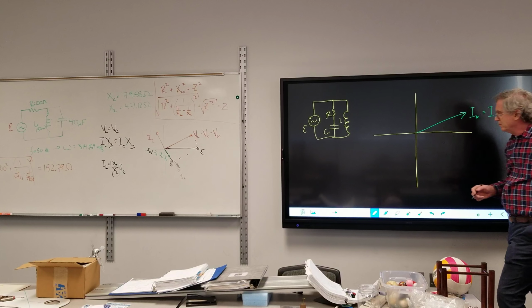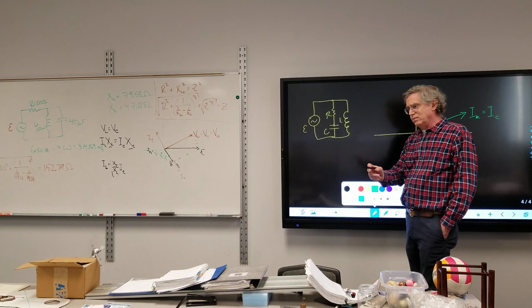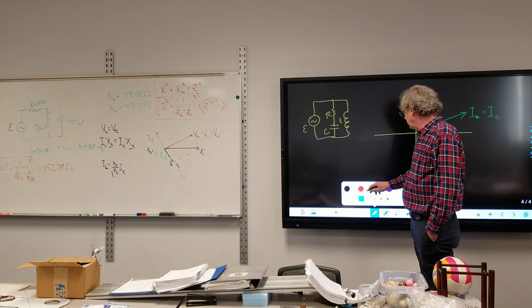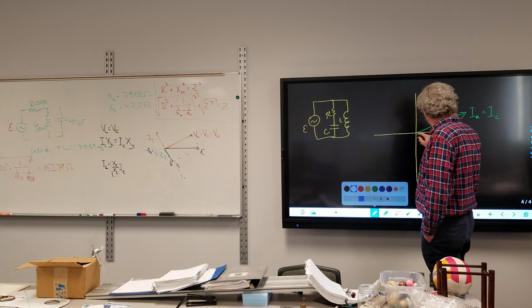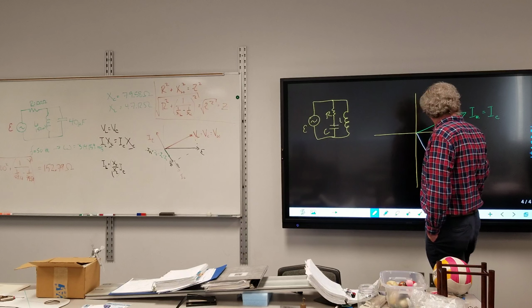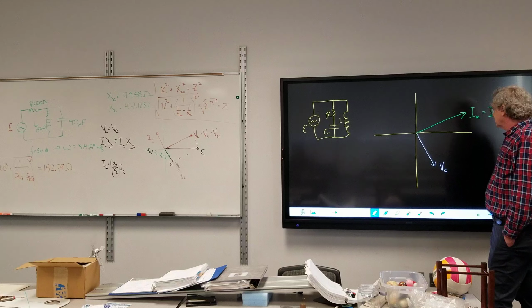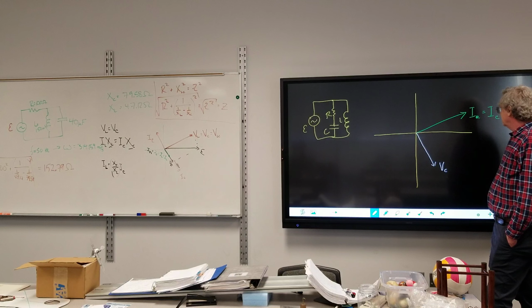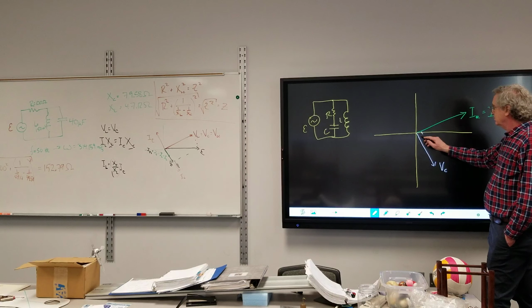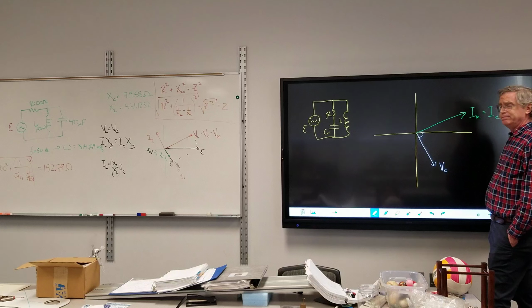All right, so voltages, I think that's what Laura was going for. All right, so that's VC. And what about VR? Shouldn't it be in phase with IR? It should be. Okay.